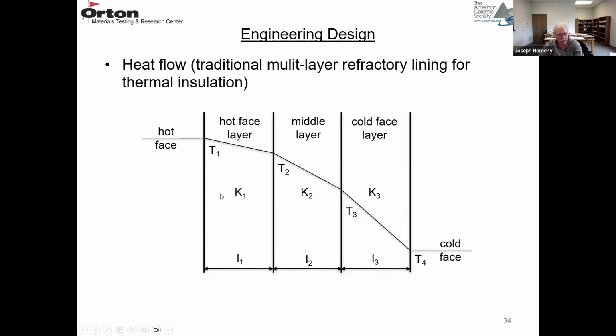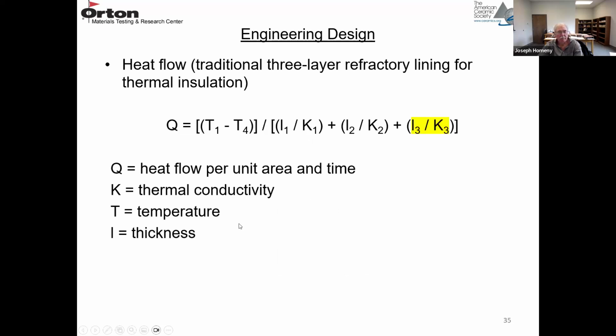There's a freeze plane behind the hot face. So the closer that freeze plane is to the hot face, you really limit the corrosion. So the steeper the gradient, you move that freeze plane closer to the hot face and you decrease the corrosion. So when you're looking at this equation here, this last term is important for controlling the thermal gradient at the hot face.